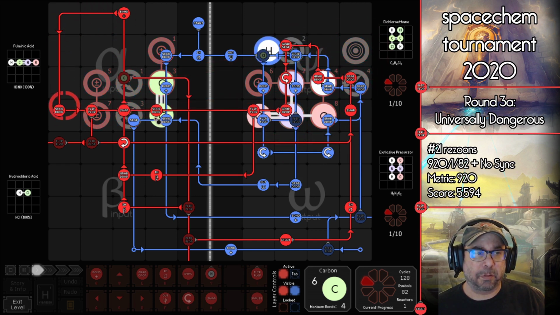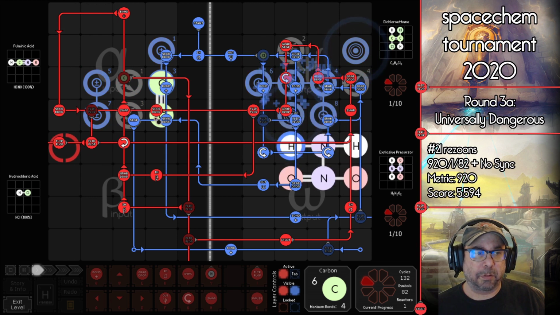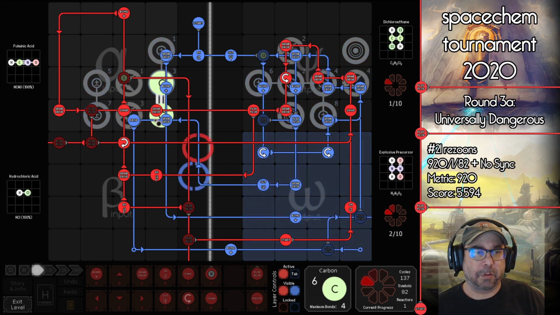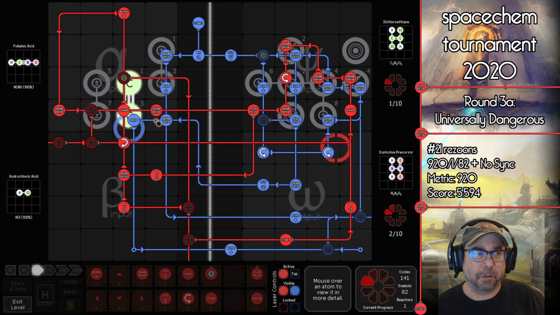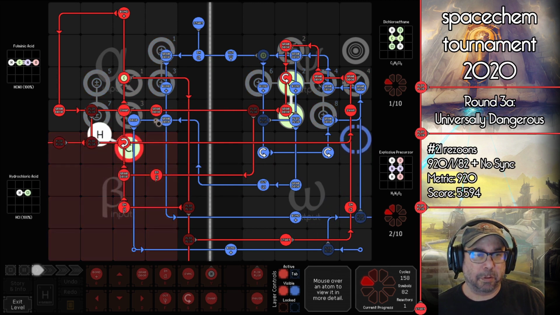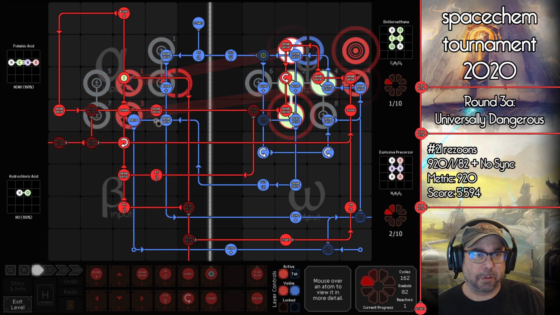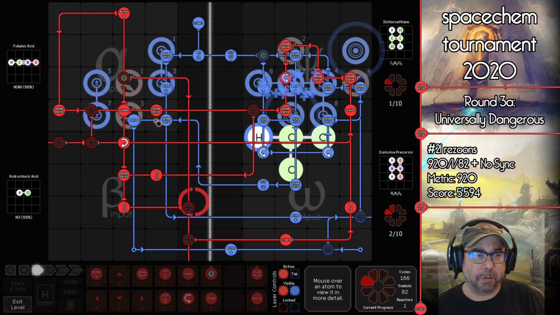In fact, you already have everything you need to make a whole explosive precursor because the remaining carbons can be just combined with the hydrochloric acids to make the dichloroethane. So we actually will see this method again in some future solutions.